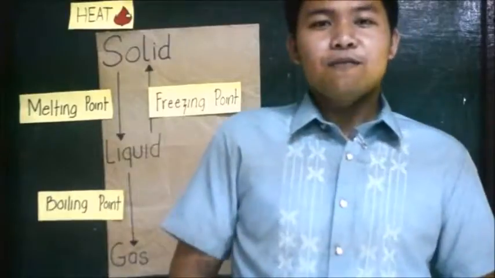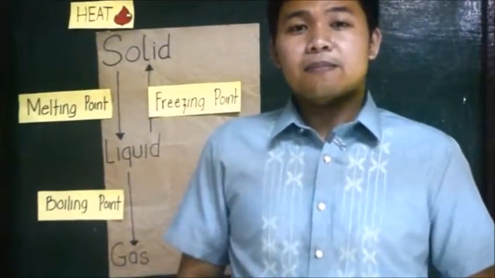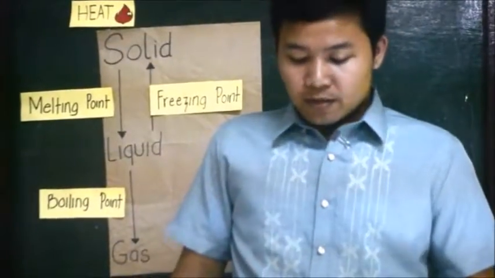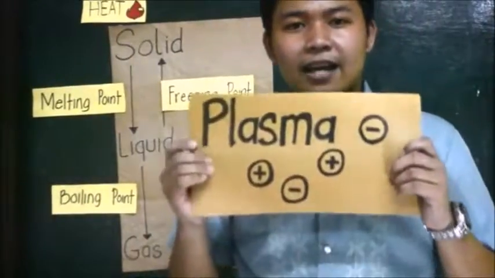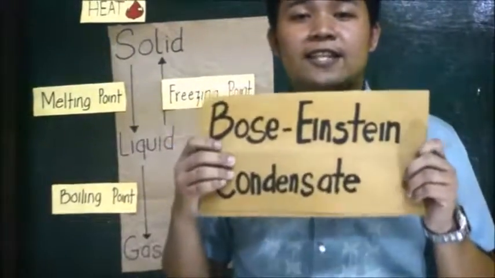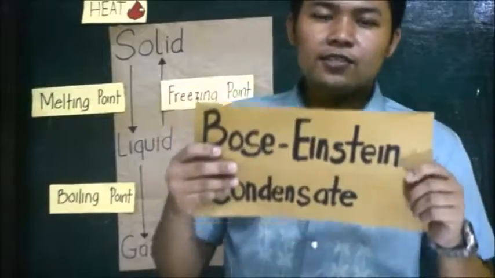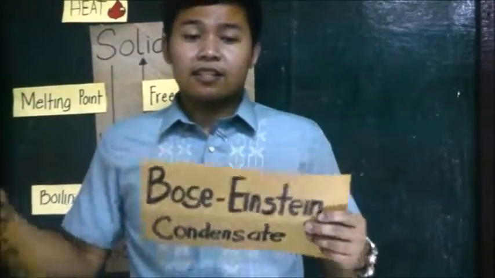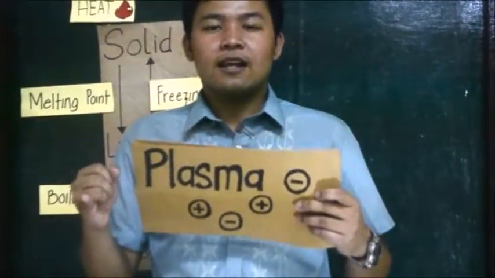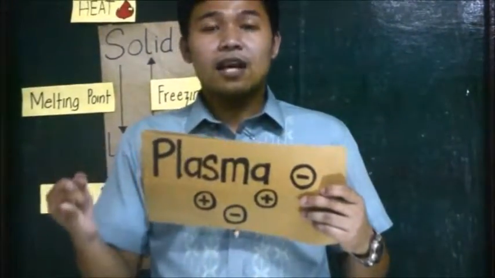Now we have the two other states of matter, called plasma and the Bose-Einstein condensate. These two states of matter are actually made of subatomic or elementary particles. Examples of plasma are lightning and neon lights.